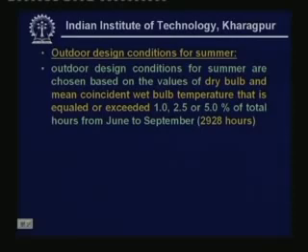From June to September, the total number of hours will be 2928 hours. So, what it basically means is you have to select, let us say that I am selecting 1% value. That means 1% of the time the outside design conditions will be higher than the selected condition. 1% of 2928 is roughly about 30 hours.